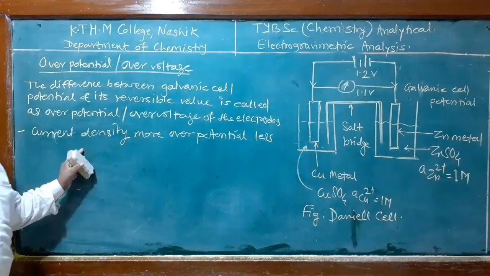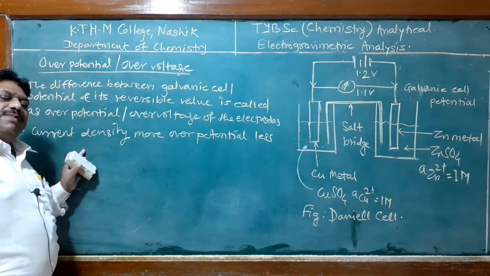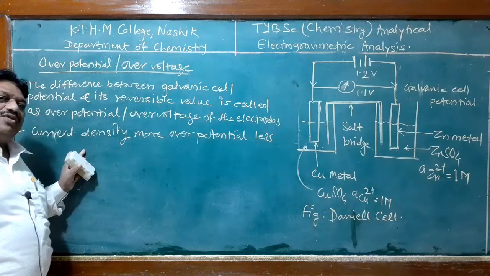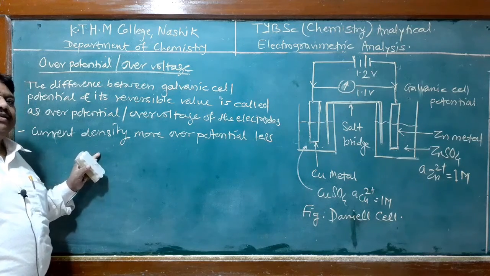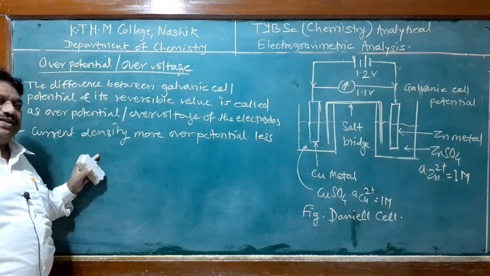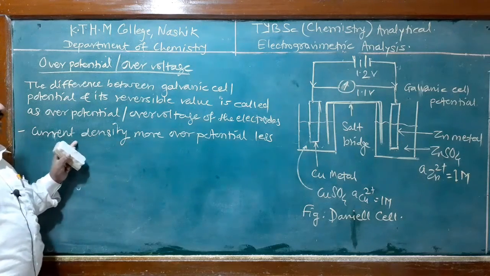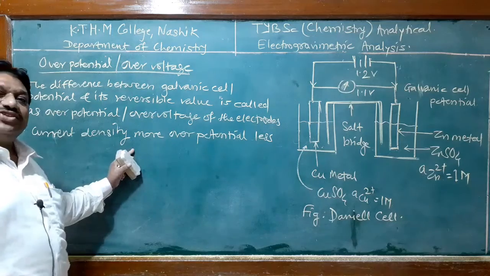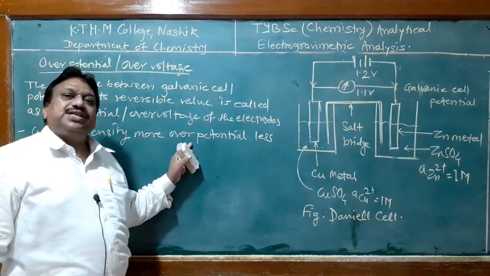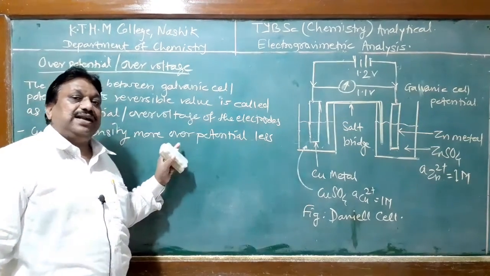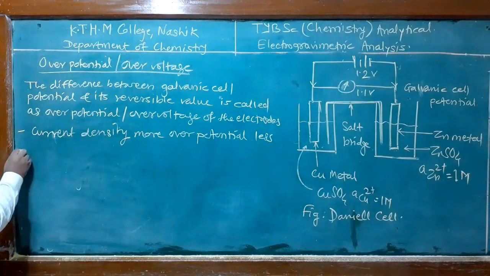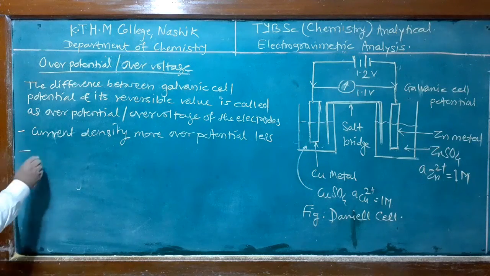Current density means the magnitude of current flowing through the electrode upon the area of the electrode, and it is expressed in ampere per square centimeter. Therefore, if current density is very high, polarization is more and overpotential is very less. Therefore, current density directly affects the value of overpotential or overvoltage.